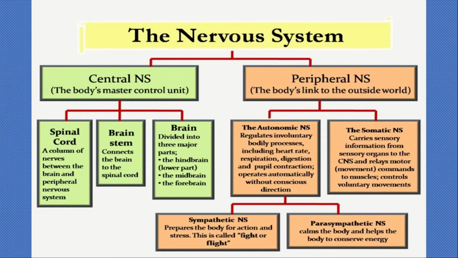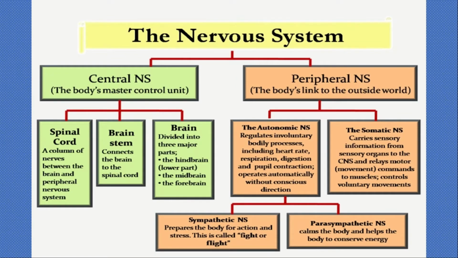The autonomic nervous system regulates involuntary bodily processes, including heart rate, respiration, digestion and pupil contraction, and operates automatically without conscious direction. Whereas the somatic nervous system carries sensory information from sensory organs to the central nervous system and relays motor commands to the muscles, basically for movement, and controls voluntary movements.